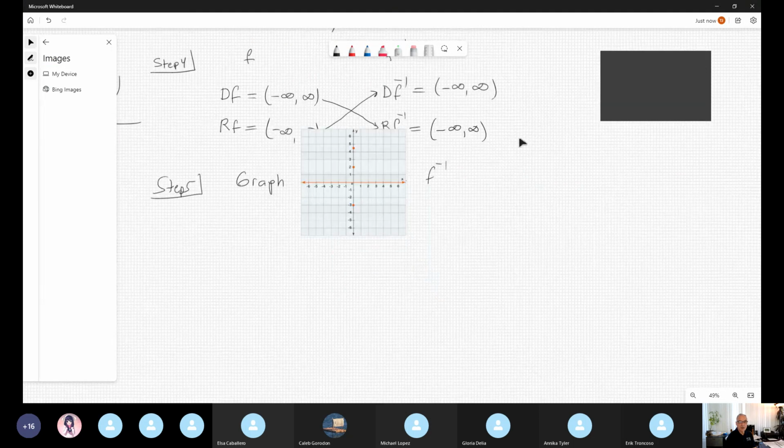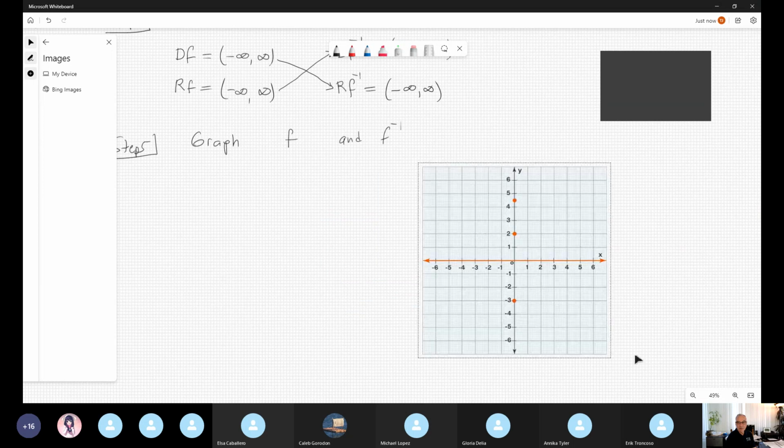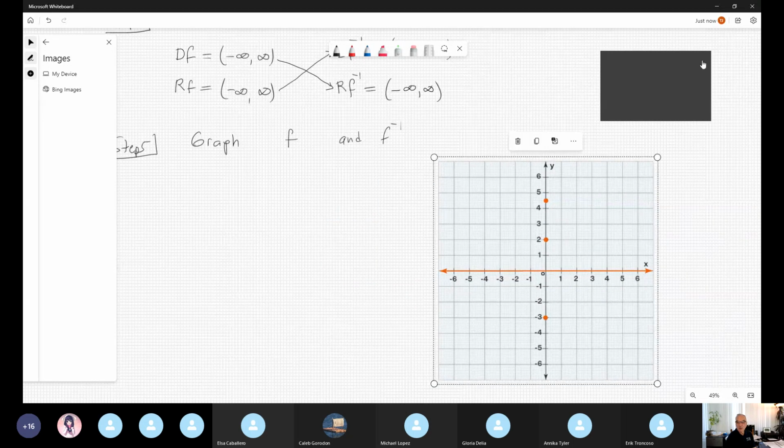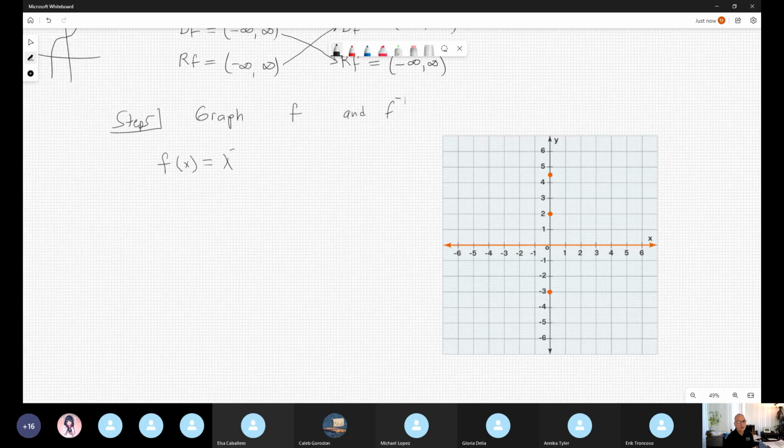Look, let's do the graph of both the function f and the inverse function. Remember, the function f is given at the beginning, x cubed plus 3.